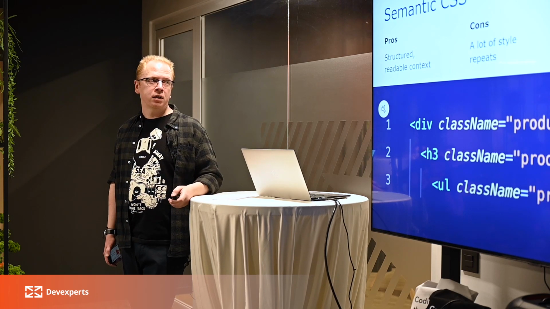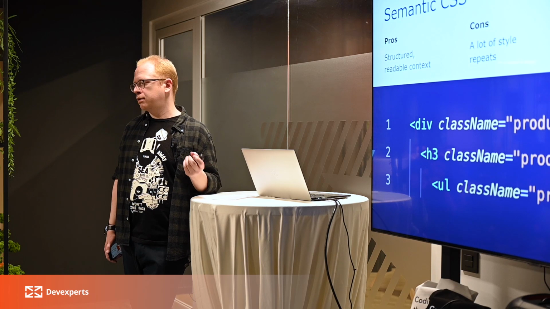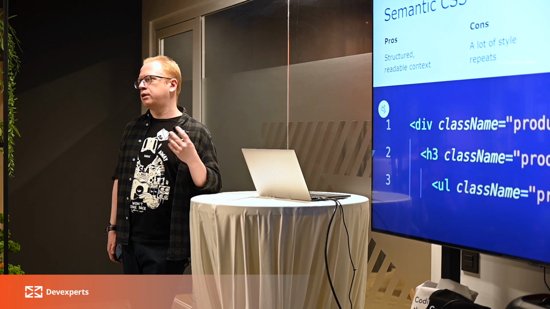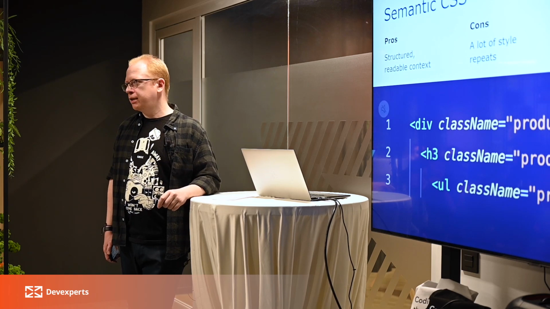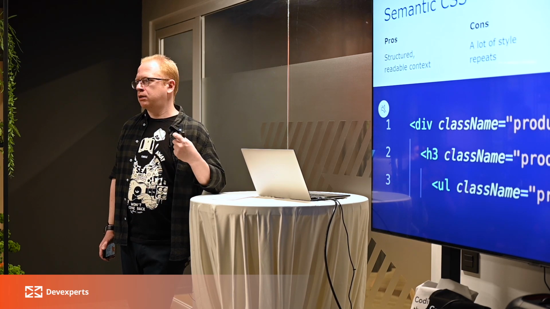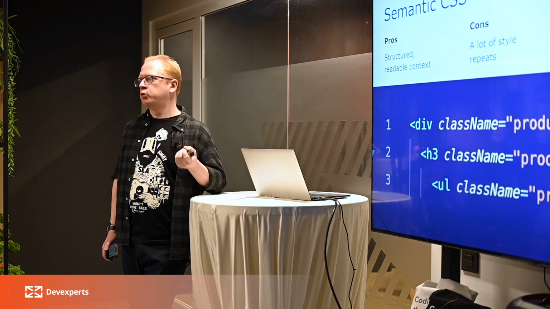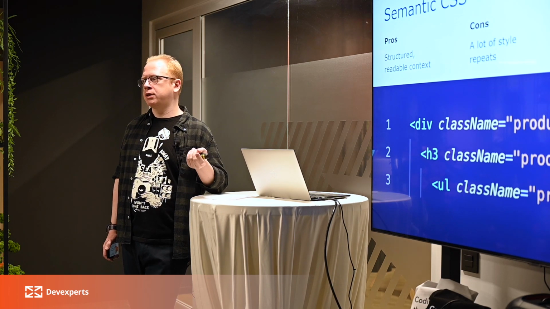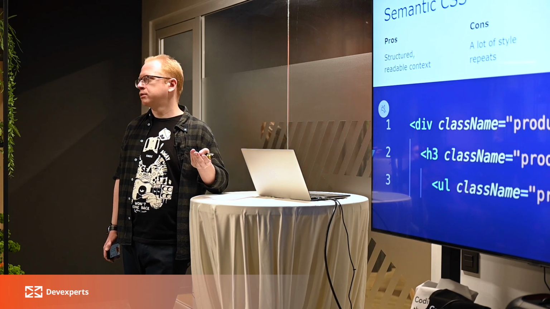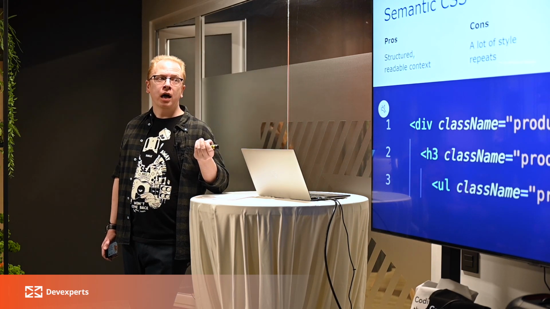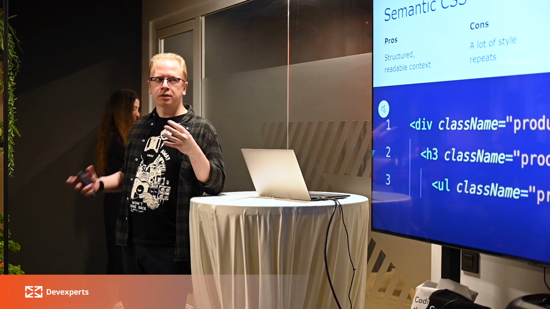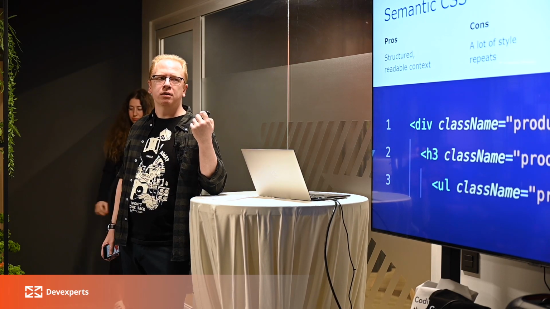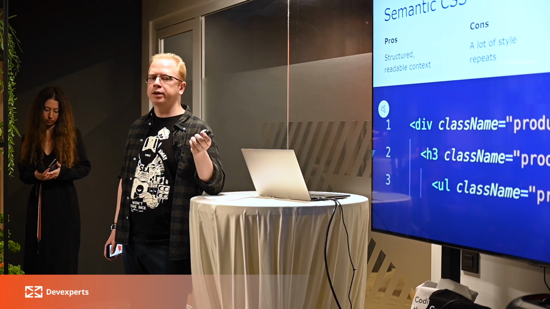The pro of this approach is that it gives a good structure and the context is very readable, but the downside is that we tend to have a lot of code repeats. Style property repeats like padding, fonts, some box model properties. Some famous examples would be BEM, Bootstrap, Semantic UI.